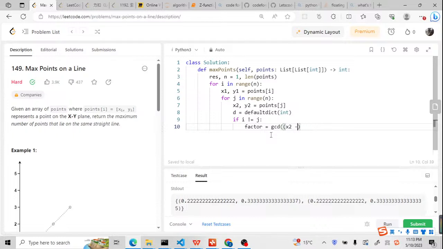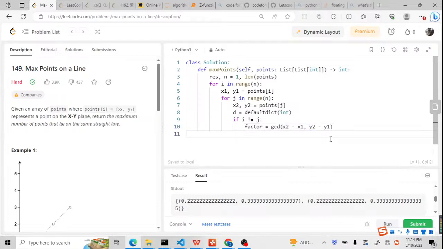Let's try to use x2 minus x1 and y2 minus y1. Actually, this is the representation of the slope. But we need to use a GCD to find the greatest common divisor, because we're going to use this greatest common divisor later.